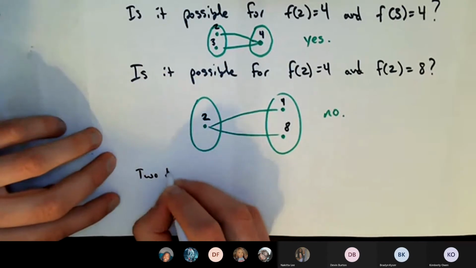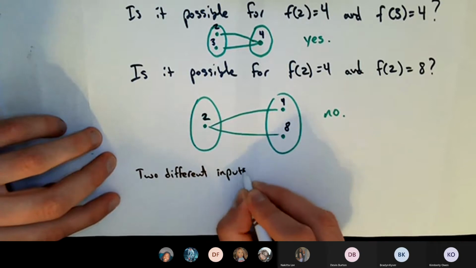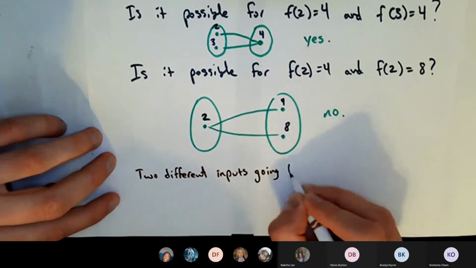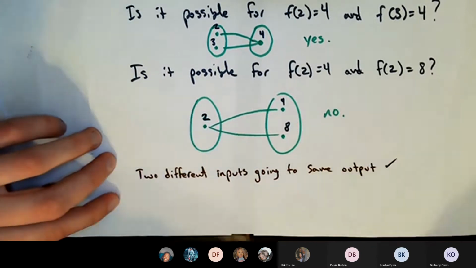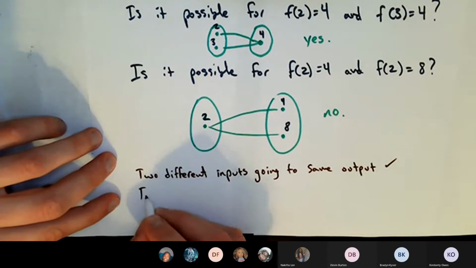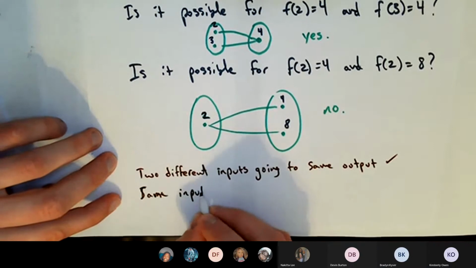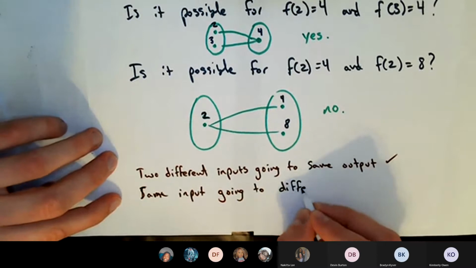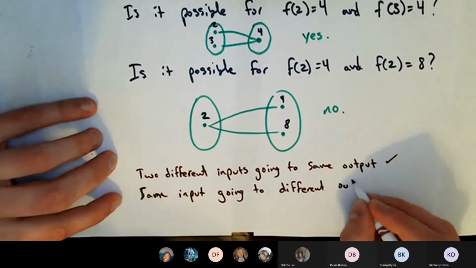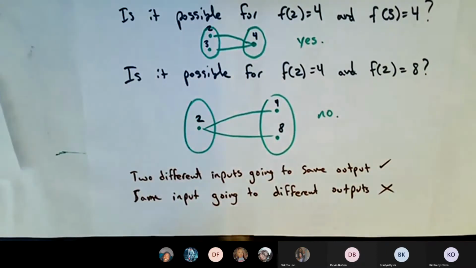Two different inputs going to the same output: check, that's a function. Same input going to different outputs: no, not okay.